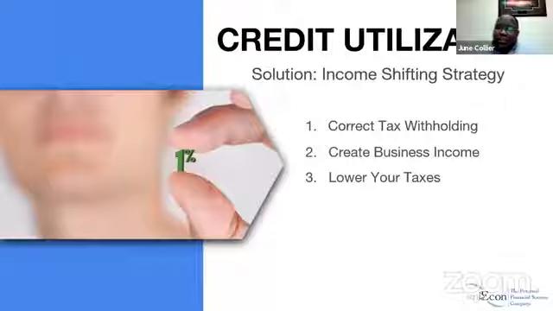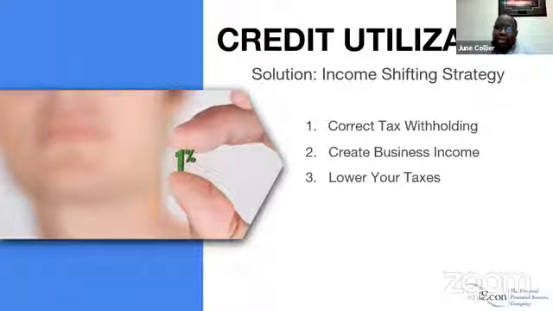Car and truck expenses, your mileage, communications, that's your cell phone and your internet service. How about travel? When you travel, hotels, rental cars, airfare. By being a business owner, you now have access to deductions that non-business owners don't have. These are things you're going to do anyway. So we show you how to utilize that because you just started a business, and now you lower your taxes.